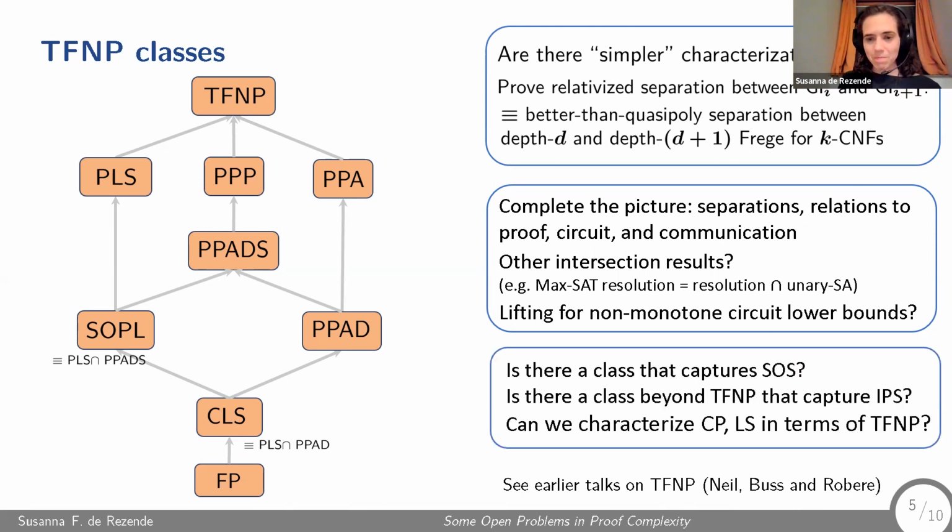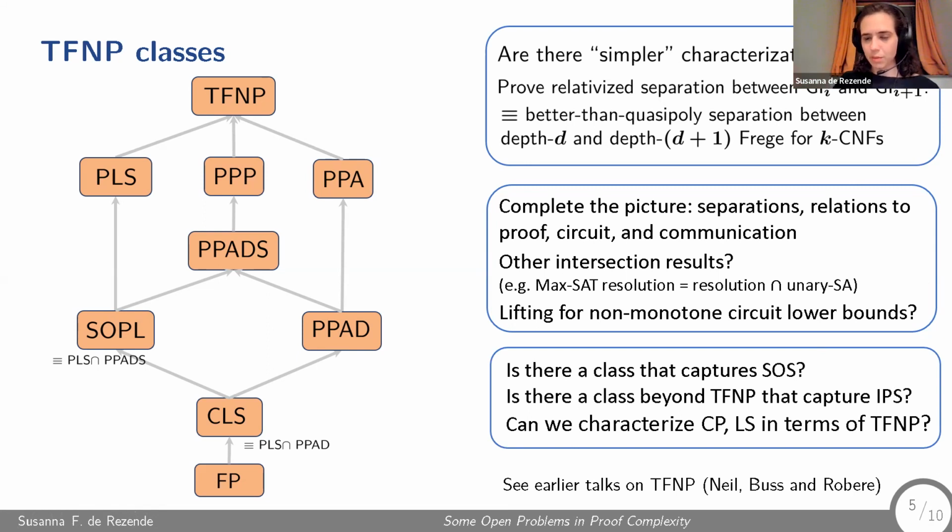And then regarding these relations to proof complexity, there are some proof systems for which we do not know how to capture them in TFNP. For example, sum of squares, and also the IPS proof system, which perhaps might be a class even beyond TFNP, since we don't know how to derandomize polynomial identity testing.